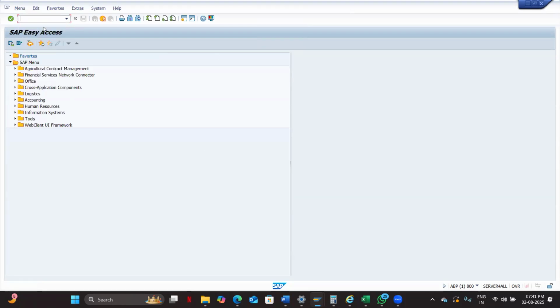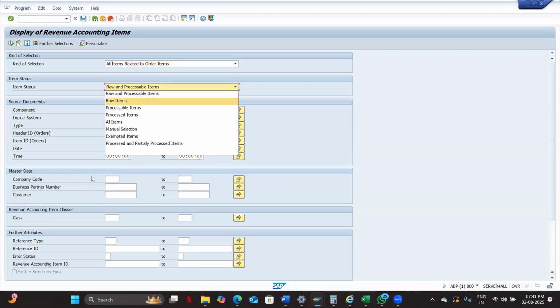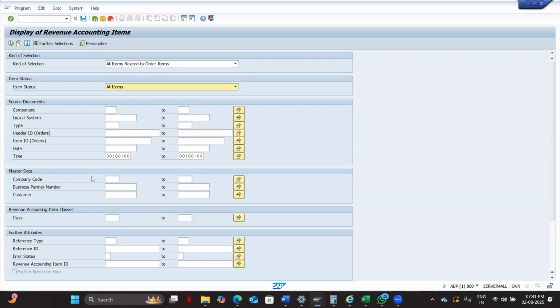So this is our SAP interface. Now we can go to RAR. After the order is created, they will automatically generate RAIs. I will show you RAIs in the T-code, where you can select all.